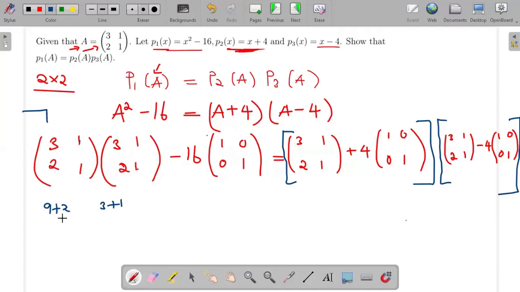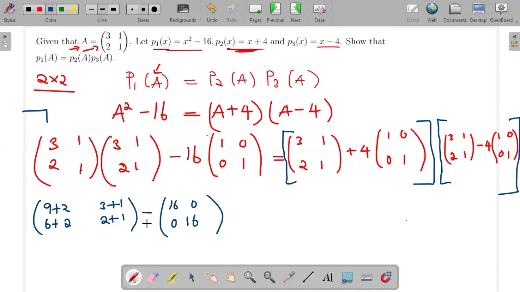So 2 multiplied by 3 is 6, plus 1 multiplied by 2 is 2. And then 2 multiplied by 1 is 2, and 1 multiplied by 1 is plus 1. Okay, so this is what we have here. Then minus. Here I'm going to multiply the 16 throughout, so that would be 16, 0, 0, 16.